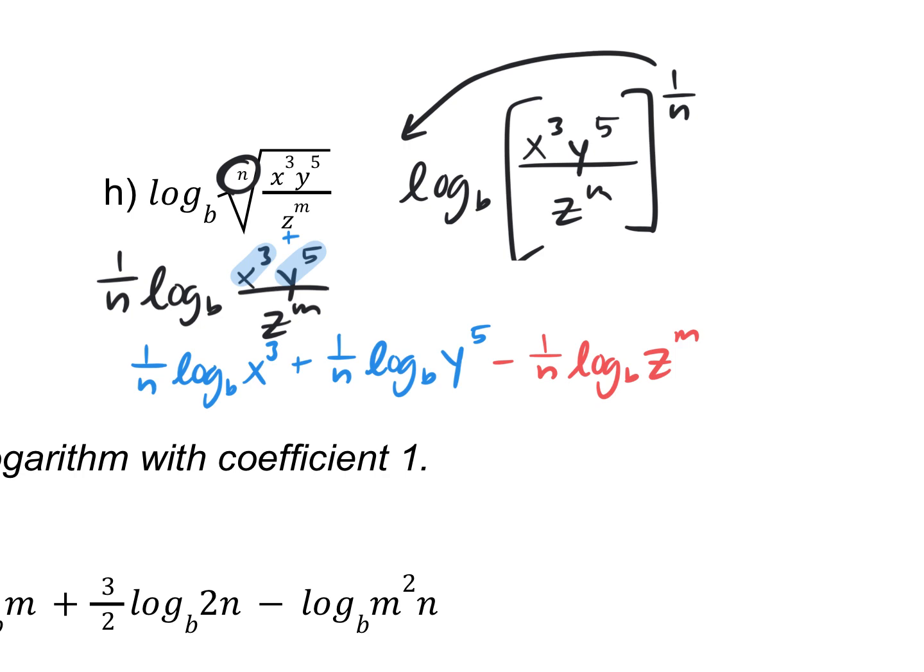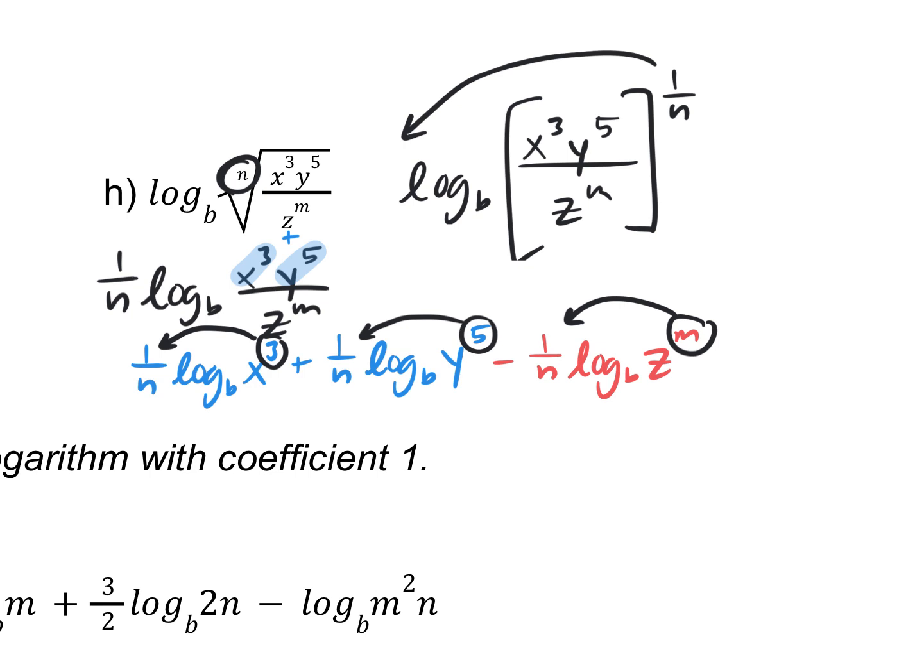Okay. Then our last piece, I've got an exponent for every single one of these. So all of those exponents need to go where? In front. Okay. So technically it's 5 times 1 over n, 3 times 1 over n, and m times 1 over n, right?